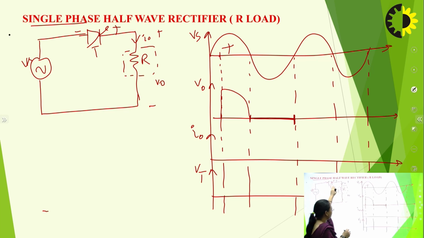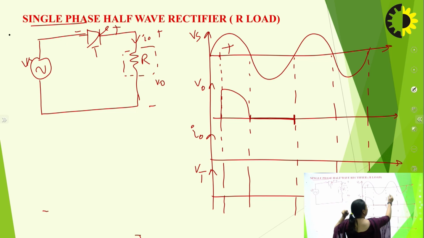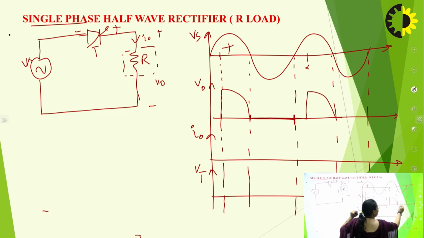Okay. So at an open switch there will be no voltage and no current, right. And again at 2 pi plus alpha, when the thyristor is again getting the firing pulse, it will again get turned on and turned off in the negative cycle of the supply. Since the load is resistive in nature, the value of the load current will also be the same as that of the voltage.